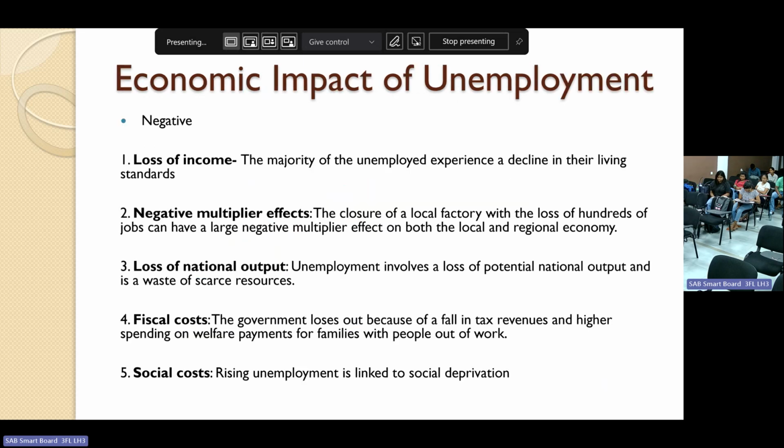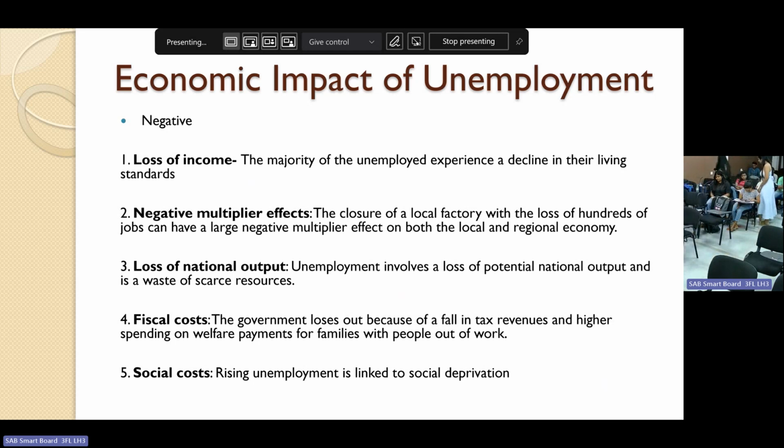Right. So what are the impacts? You can just read those. There are negative impacts and positive impacts also. We can identify the loss of income, a great loss from unemployment.